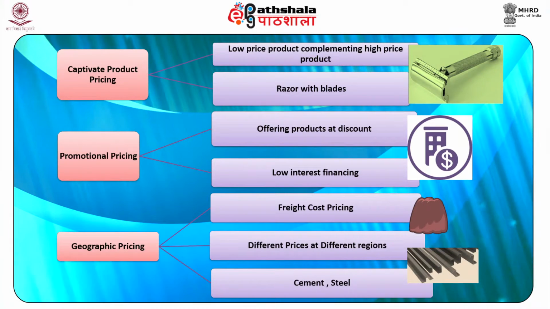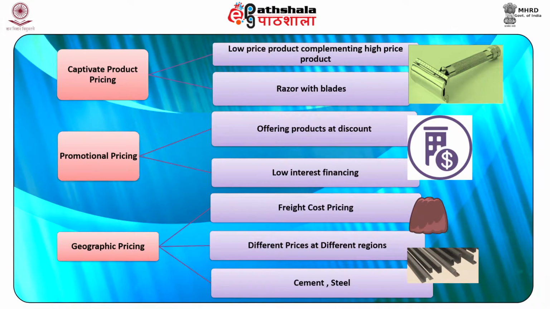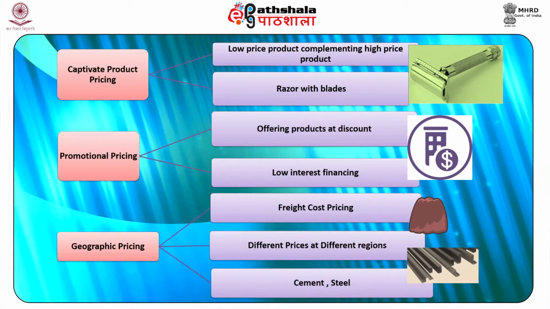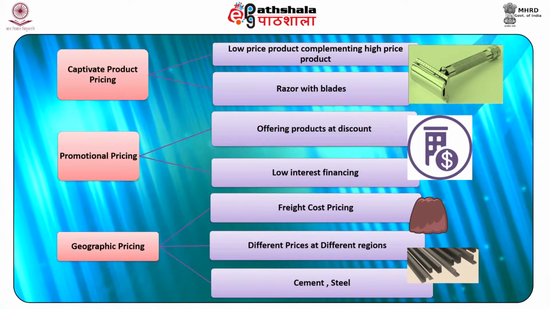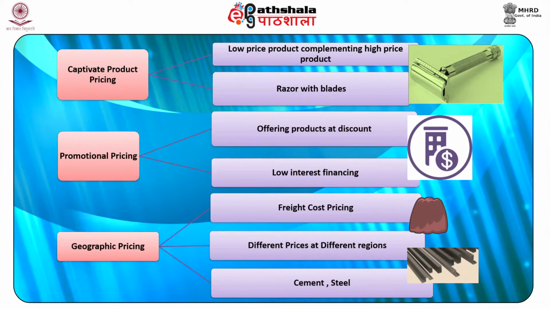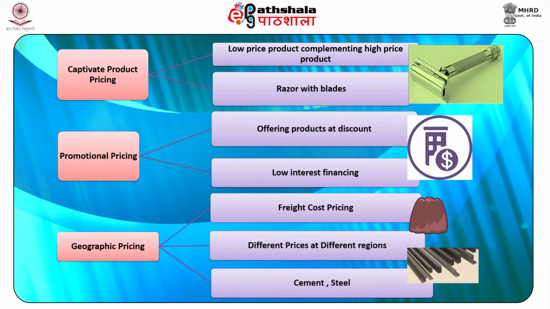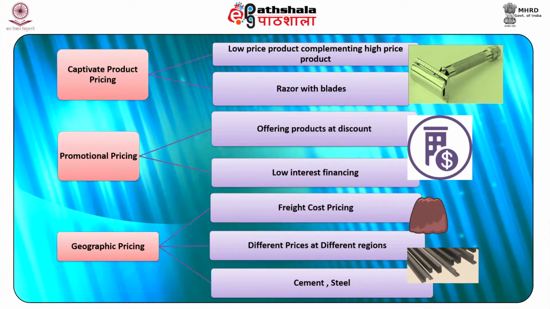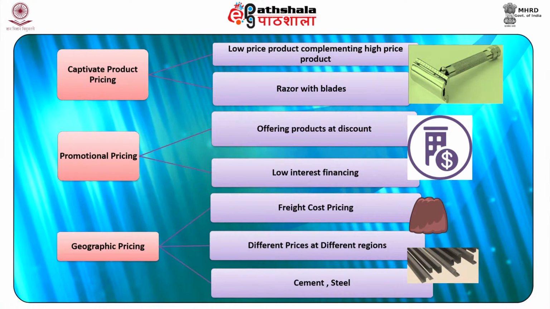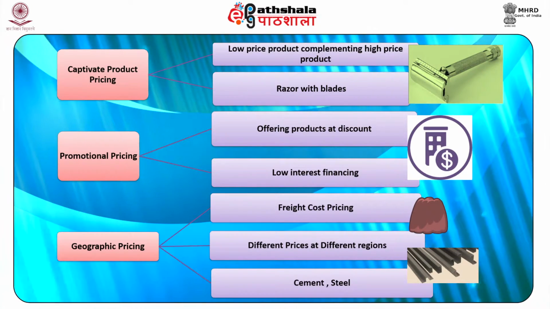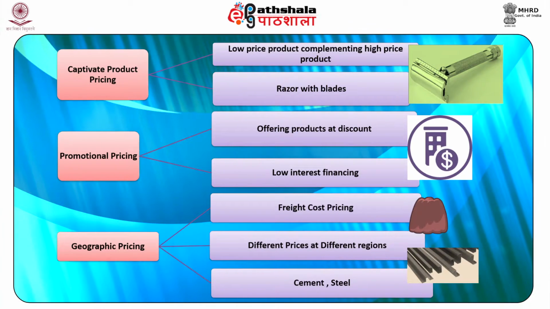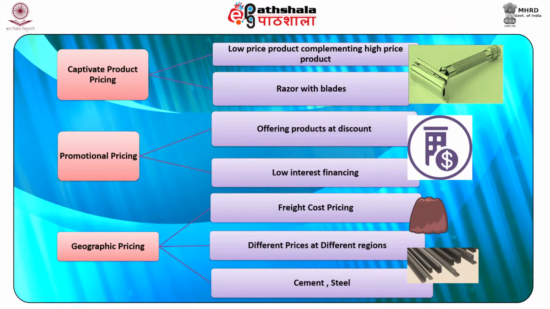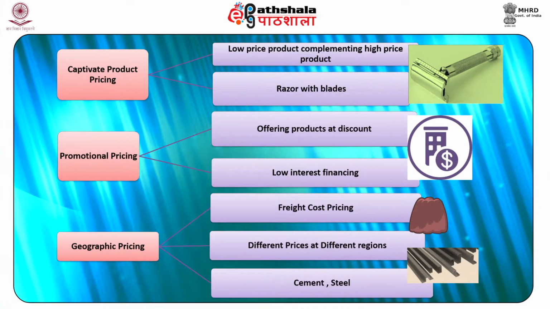This policy is fairly easy to administer and the firm can announce its price nationwide. Zone pricing: the firm sets up 2 or 3 zones and all customers within a given zone pay a single total price. Distant zone customers will be paying a higher price.